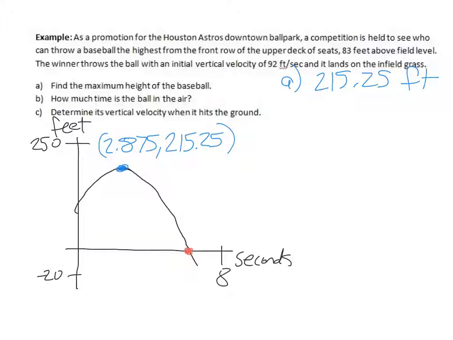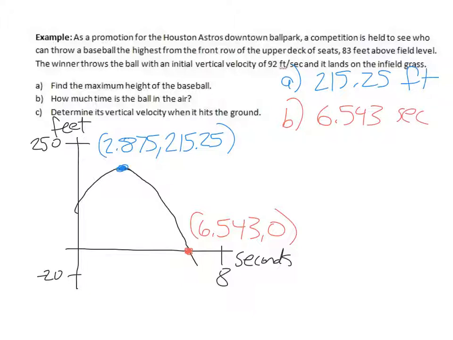And again, on your calculator, you can use that to find a 0. The coordinates for that are 6.543, comma 0. That's when it hits the ground. And so now they're asking for time. So in part B, my answer is going to be 6.543 seconds.